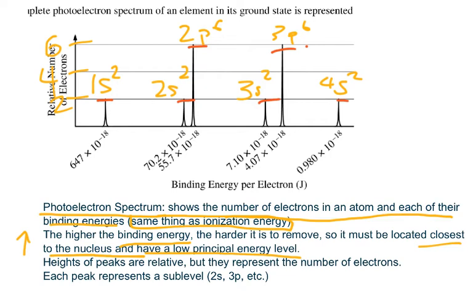And what I also noticed was that these peaks might correspond to orbitals. So for example, this peak might be 1s2, and this peak would be 2s2, which is the next highest energy level. And then you have 2p6, and that's the energy level after the 2s2 sublevel.